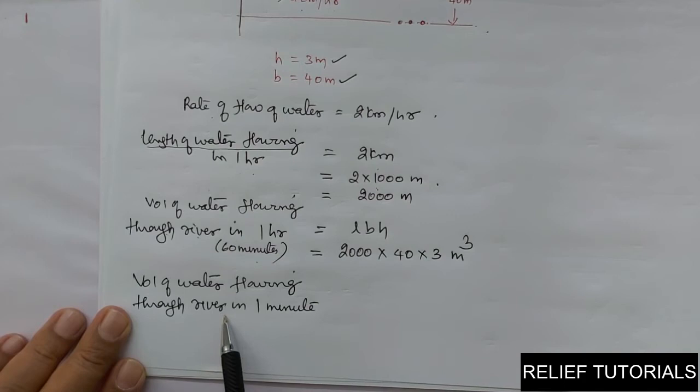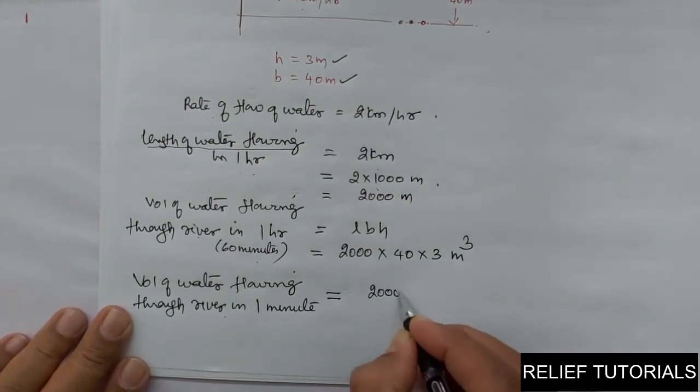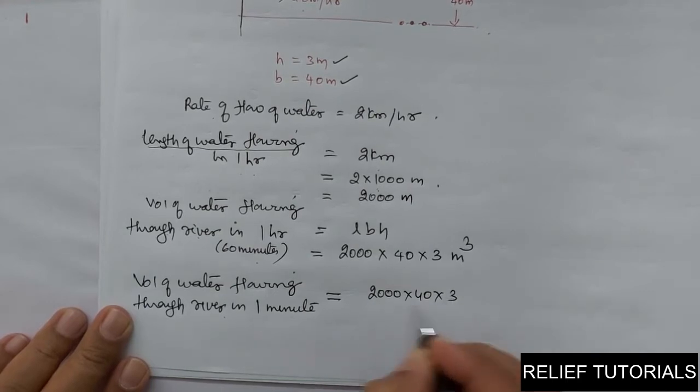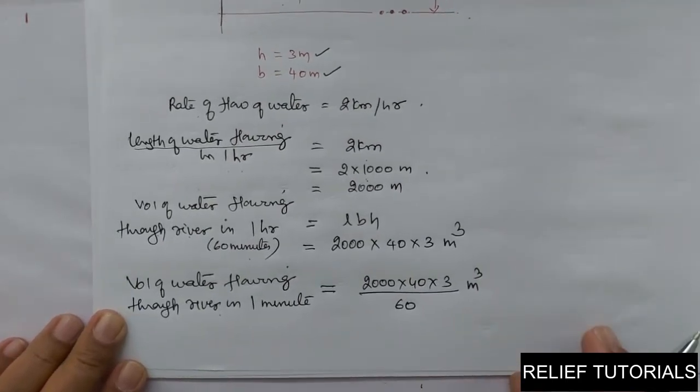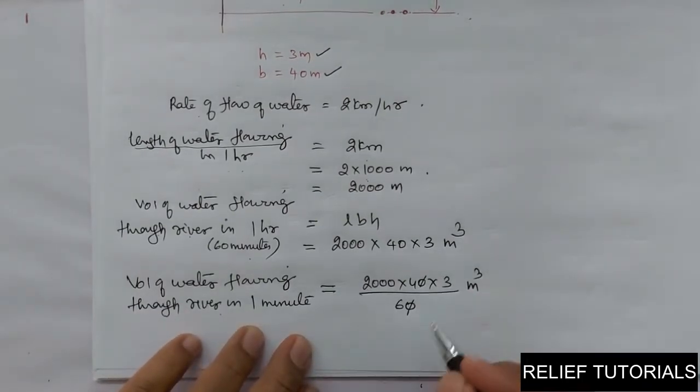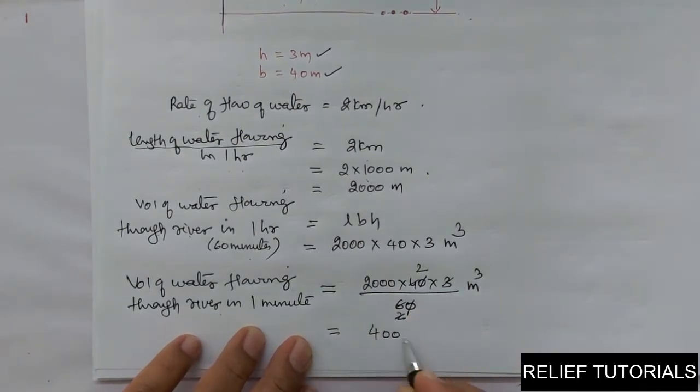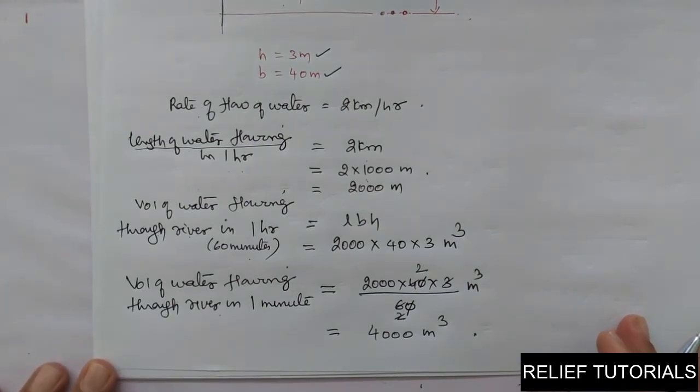Now you have to find it in 1 minute, so you have to divide this volume by 60. So 2000 into 40 into 3 upon 60 meter cube. Clear? 0, 0 cancel. 3 ones are 3, 6 twos are 12, so 2 ones are 2, 2s are 4. So that equals 4000 meter cube of water flowing through the river in 1 minute.